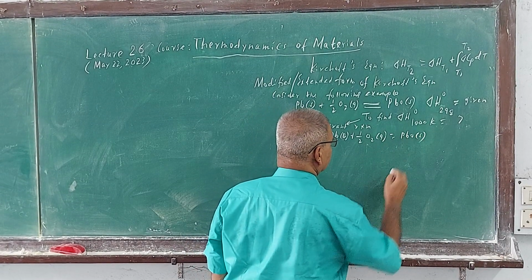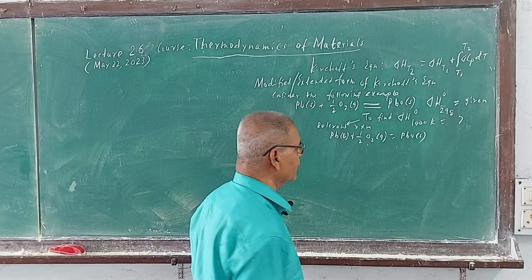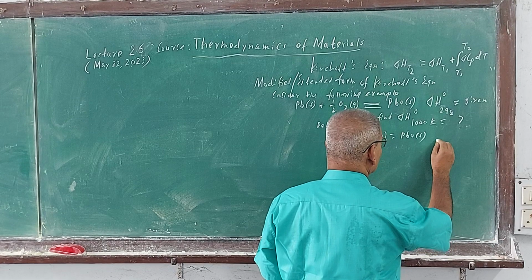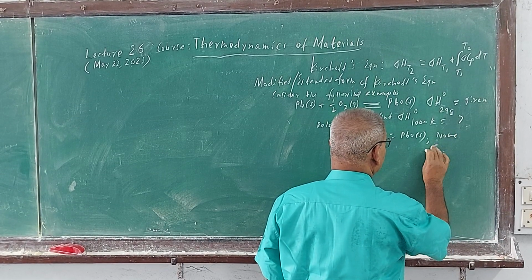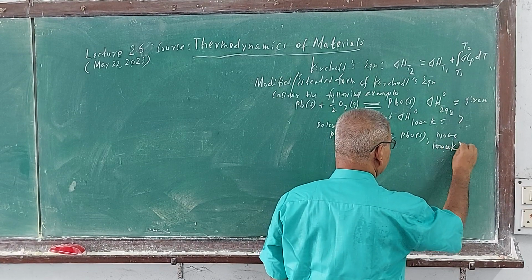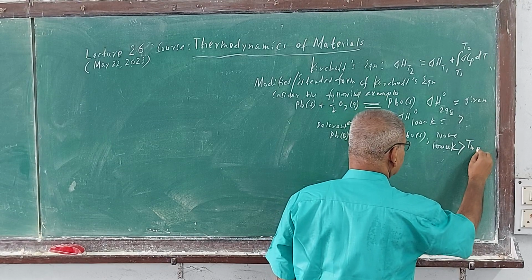Why this? Because 1000 Kelvin is above the melting point. Note, 1000 Kelvin is greater than the melting point of lead.